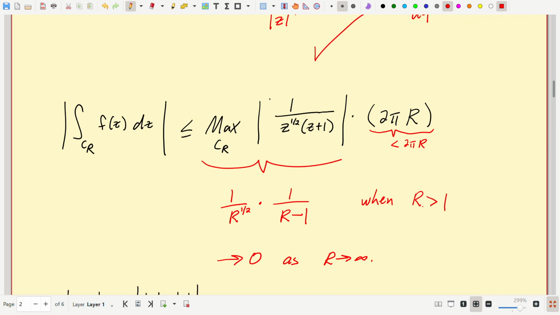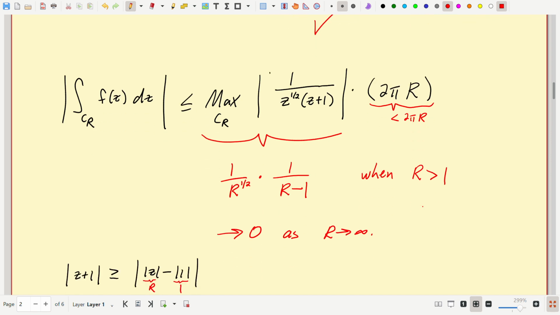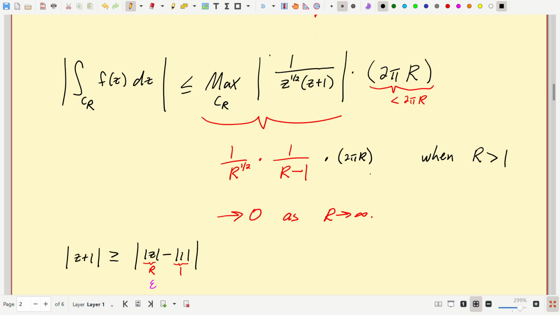And I'm using the denominator estimate to get the 1 over z plus 1 thing to be bounded by 1 over r minus 1 when r is bigger than 1. And that's going to go to 0 when I put the 2 pi r back in here, times 2 pi r, that goes to 0 as r goes to infinity.